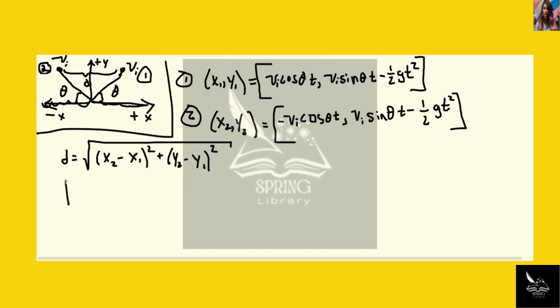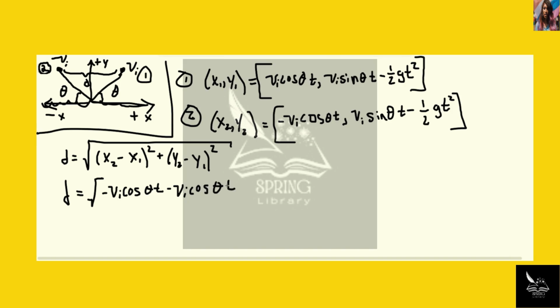All right. And the distance then, if you plug in all the information that we have here, starting with x2, you're going to have minus vi cosine theta times t minus x1, which is vi cosine theta times t.